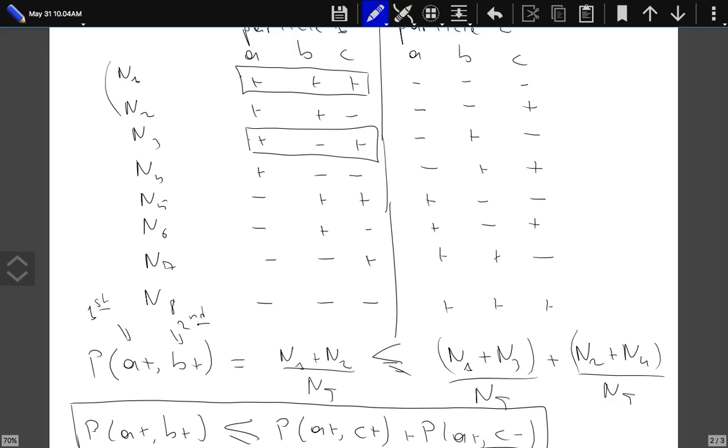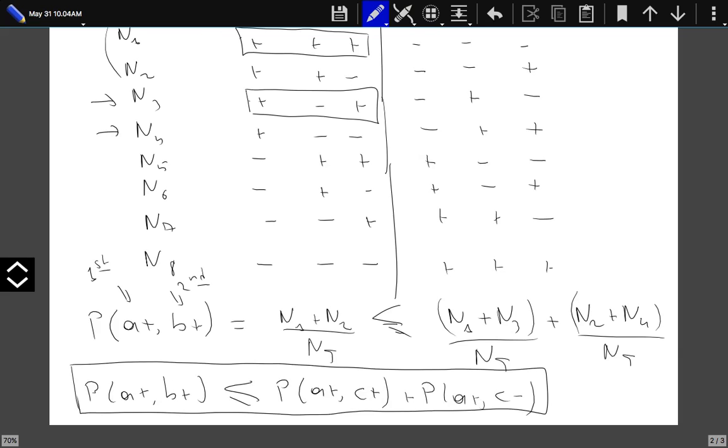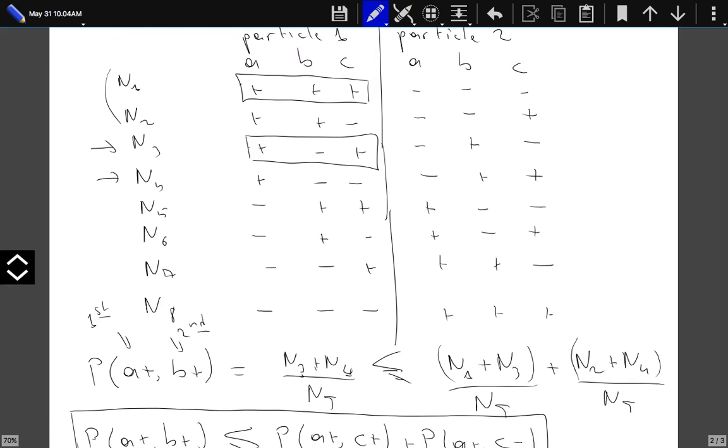Okay, so A is plus and B is plus, I have N3 and N4. So the first probability is for the first particle, the second probability is for the second measurement.